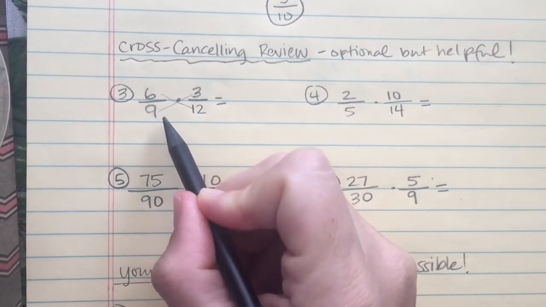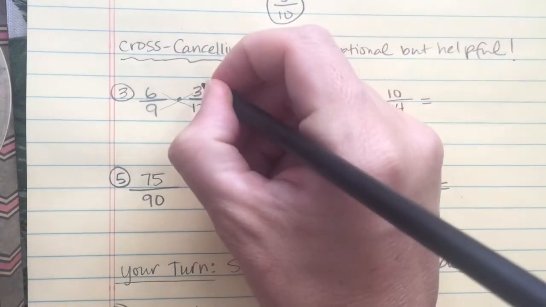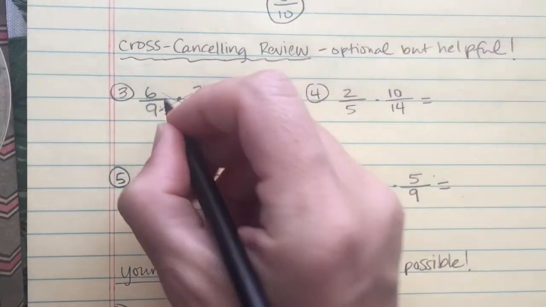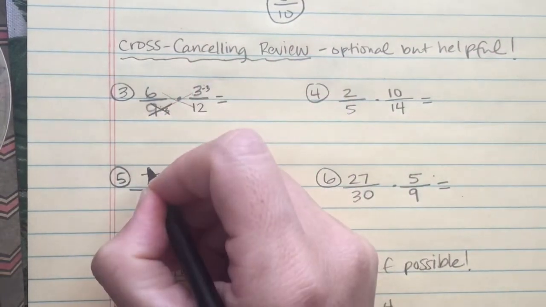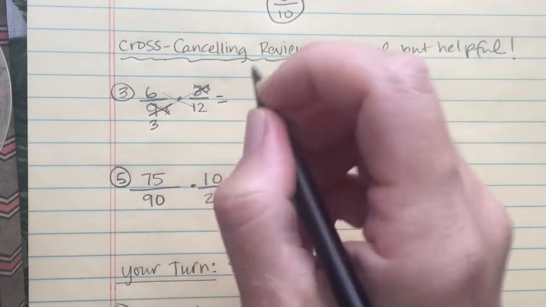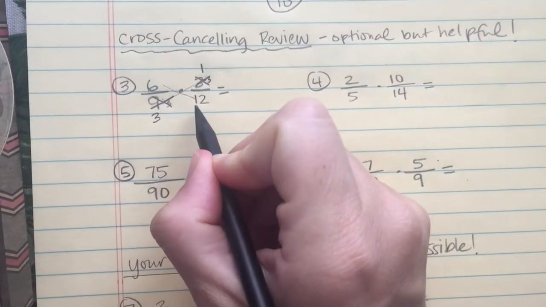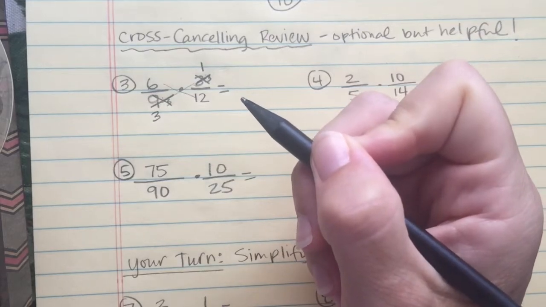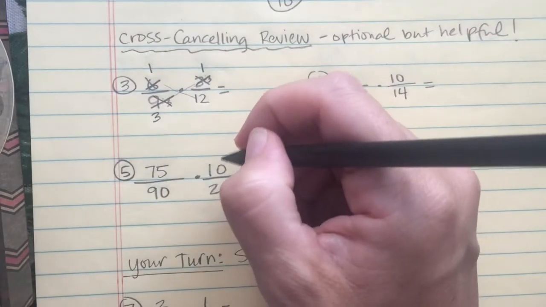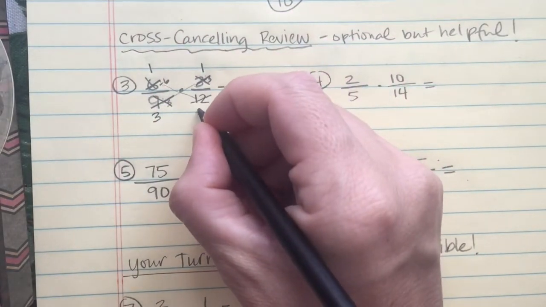So for example, I know that 9 and 3 are both divisible by 3. So if I were to divide that by 3 and divide that by 3, I would cross them out and change them to my new numbers of 3, and then 3 divided by 3 is 1. And then same thing with 6 and 12. 6 and 12 are both divisible by 6. 6 divided by 6 is 1. And 12 divided by 6 is 2.